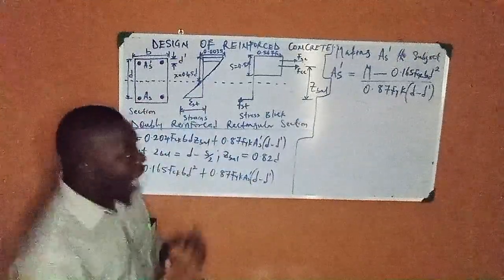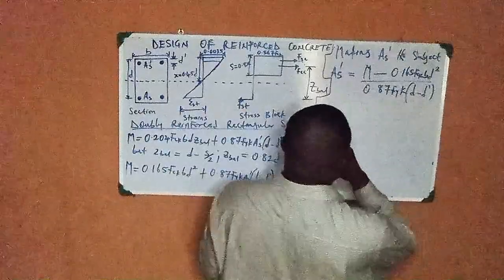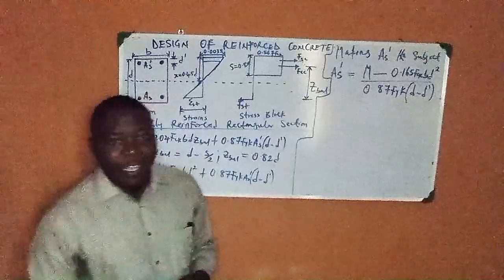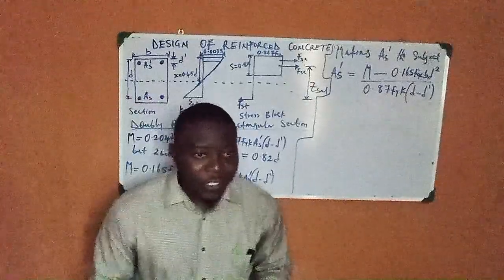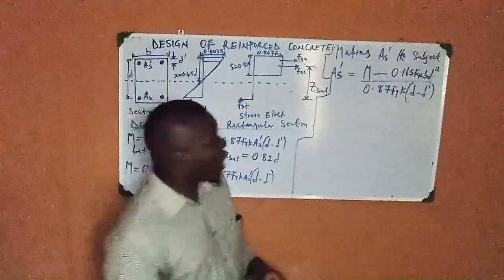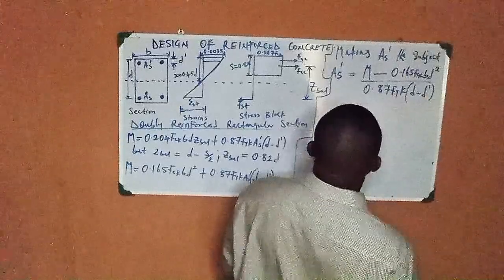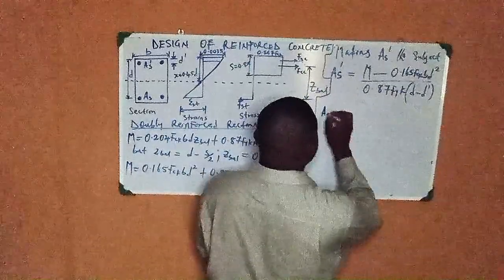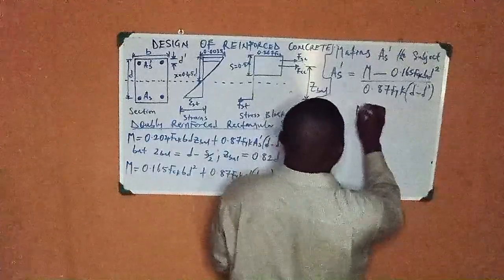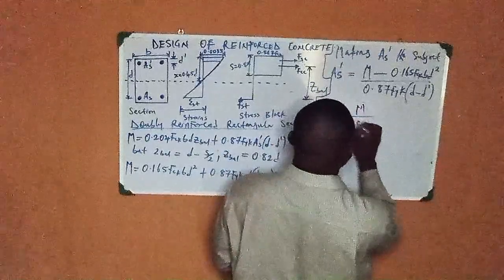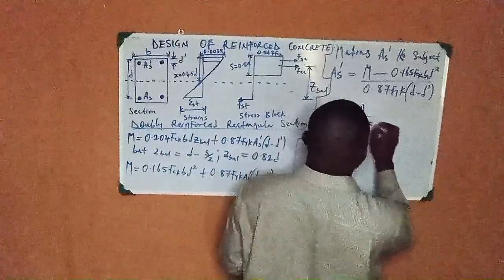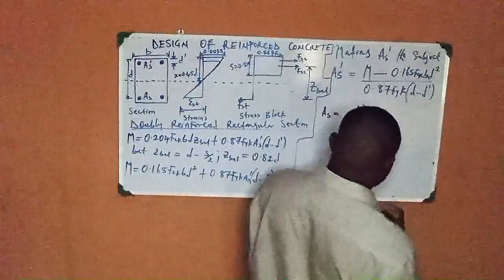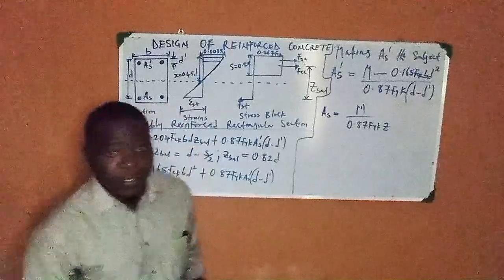Now I know something. The time we are solving for our singly reinforced concrete section, we know that the area of steel there is equal to M all over 0.87 fyk z, right?